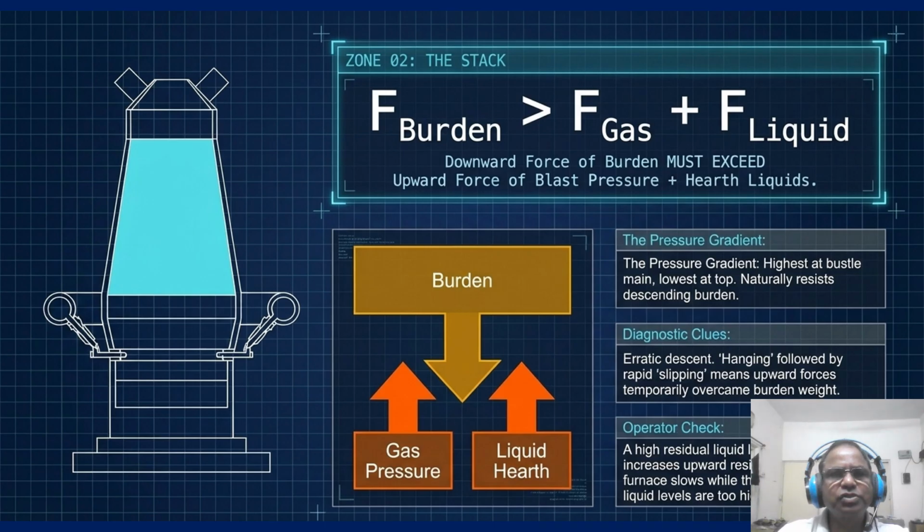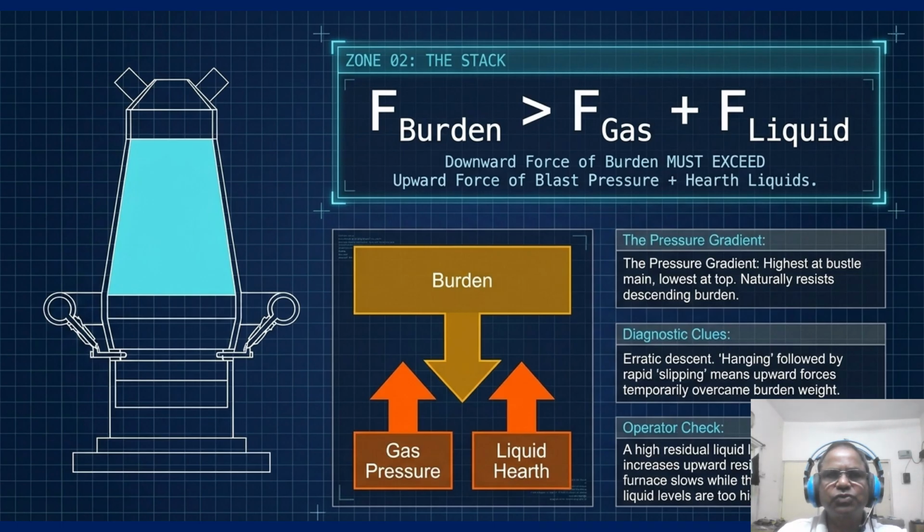Now, this is a constant tug of war. Naturally, the pressure gradient resists the descending burden. If the upward force temporarily wins, the burden stops moving, and this is the hang. And this is the stage which is to be avoided by each operator.